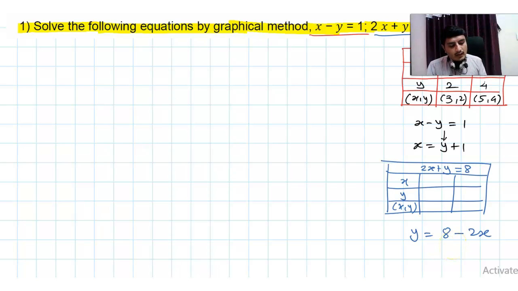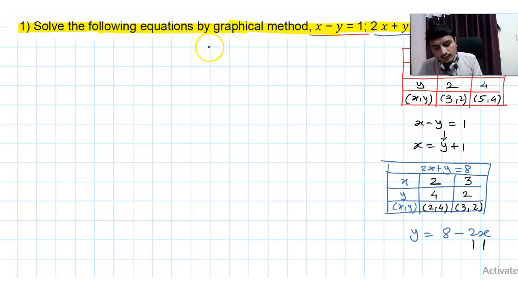Once we assume the value of x is 2, 2 twos are 4, and 8 minus 4 is 4. So the value of y is 4, and the coordinate 2, 4 lies on the line 2x plus y equals 8. Now let x be 3. Then 2 threes are 6, and 8 minus 6 becomes 2. So the coordinate is 3, 2.